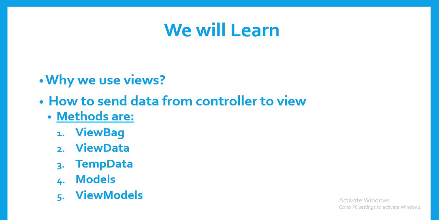So that is the reason that we use models and view models to send data from controller to view. Regarding the lifetime, it's not a big difference, but regarding the error checking, they are much more suitable to be used, and they are much more suitable for the programmers.